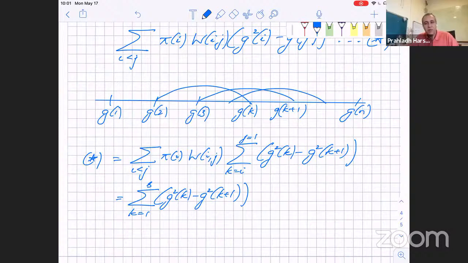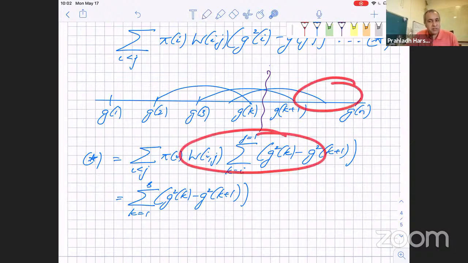So this is exactly the weight of the edges that cross this particular cut, and it is the total weight of the edges that cross this cut. If an edge lies completely within 1 to k, it will not contribute to this sum at all.